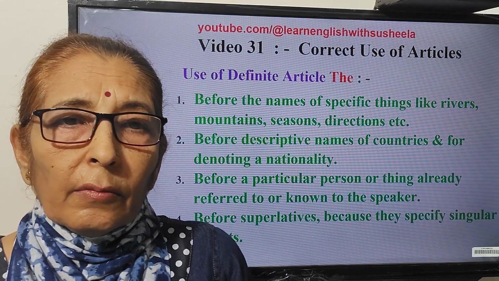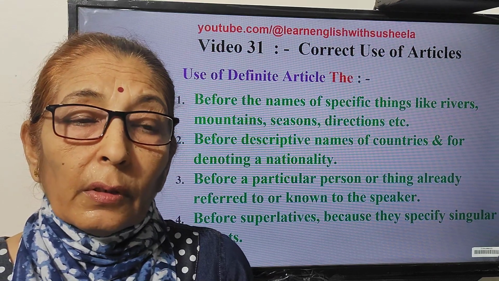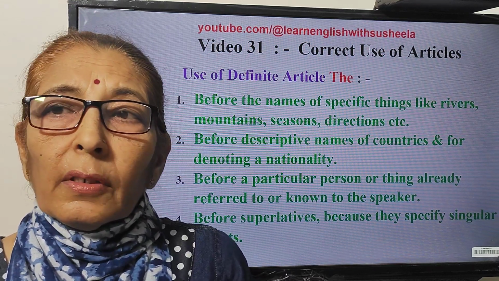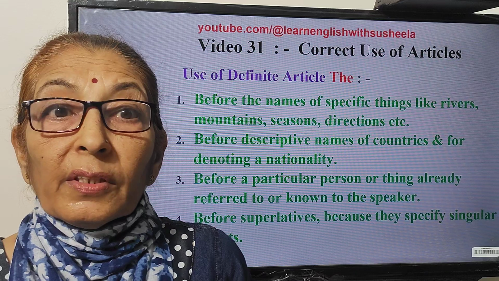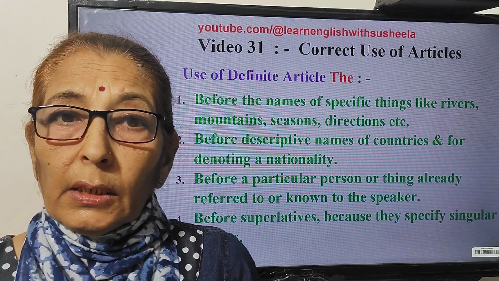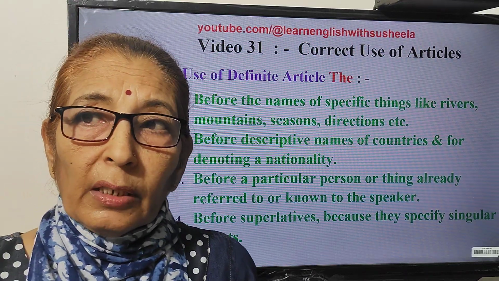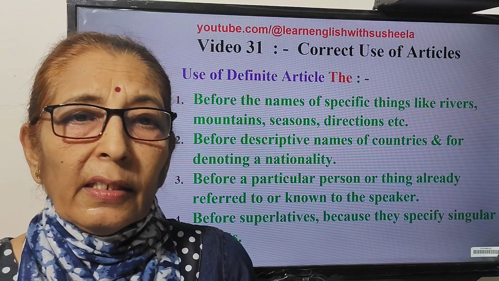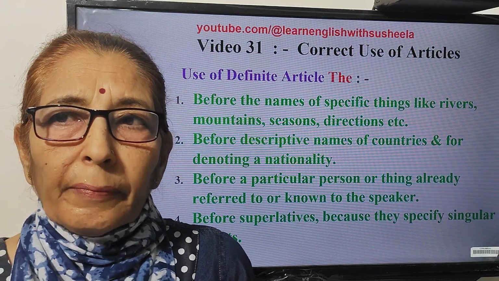Same way, we use it before the names of newspapers like the Hindustan Times or the Times of India or the Indian Express. We use it before holy books also, the Gita, the Quran, the Bible, and we use it with the group of islands like the Andaman and Nicobar.